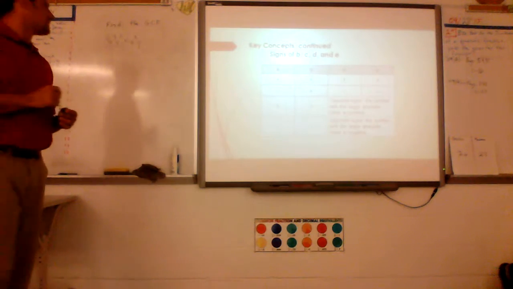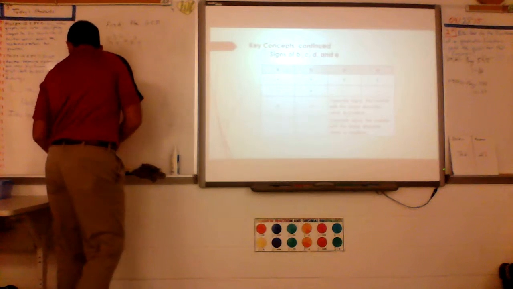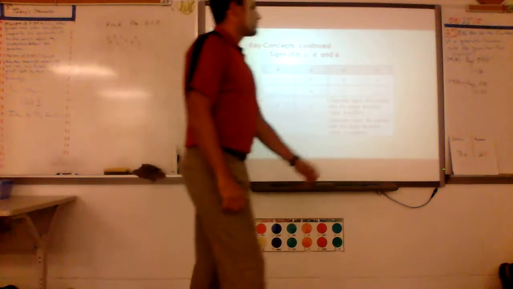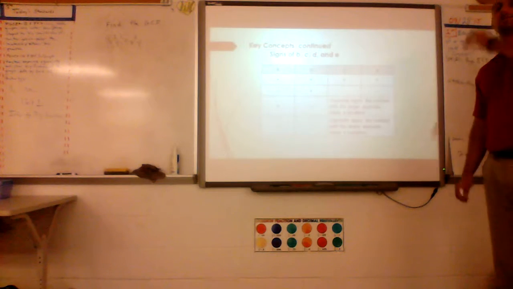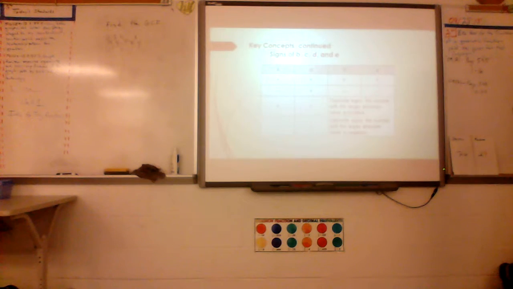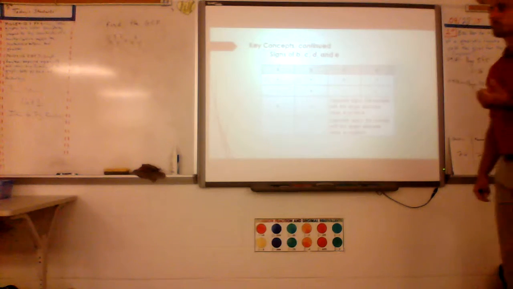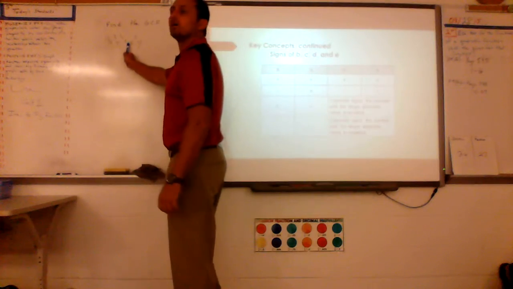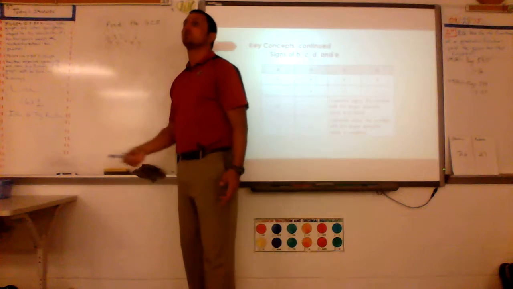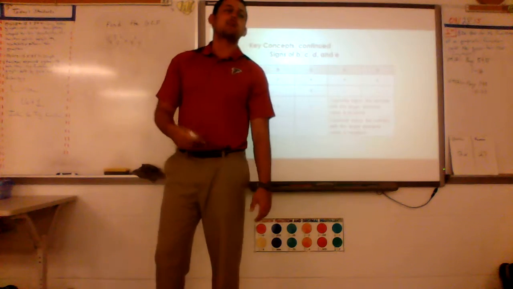While you're copying down the table, just find the GCF. It's the first thing I'm going to do, okay? What are the factors of 4 in the first term, and what are the factors of what's right here? 1. Well, the GCF of 1 and 4 is going to be 1. Okay, you can write a 1 on the outside or you don't have to.